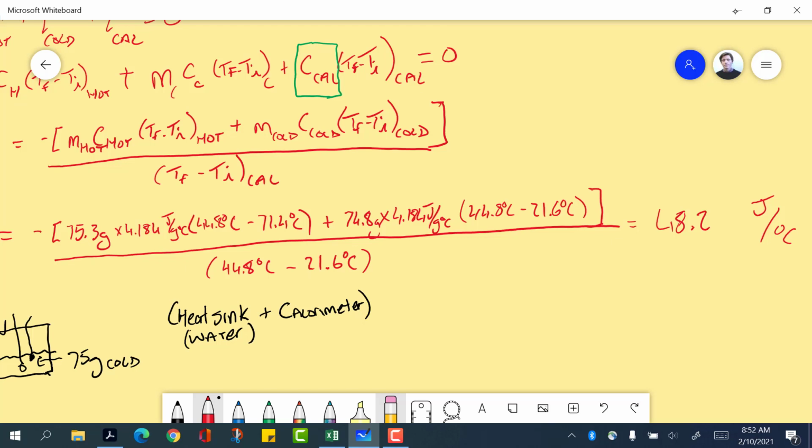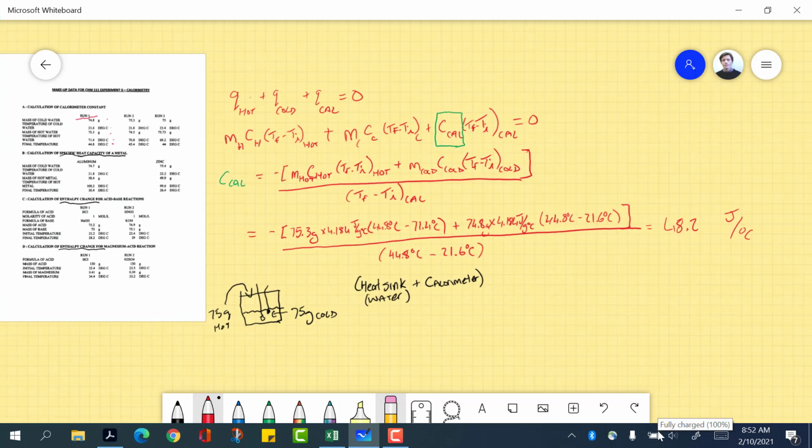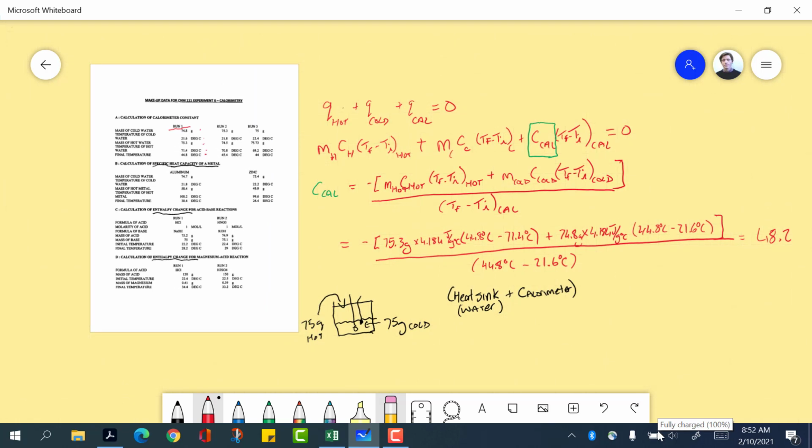And that's the heat loss to the calorimeter, and that's characteristic of the calorimeter that you use. So if you were doing a calorimetry experiment, the first thing you'd have to do is find out the calorimeter constant for your calorimeter.